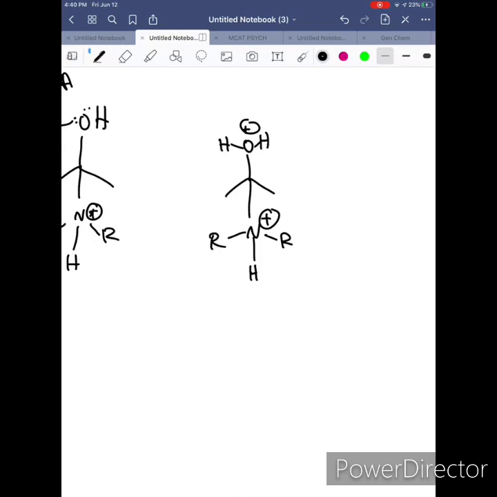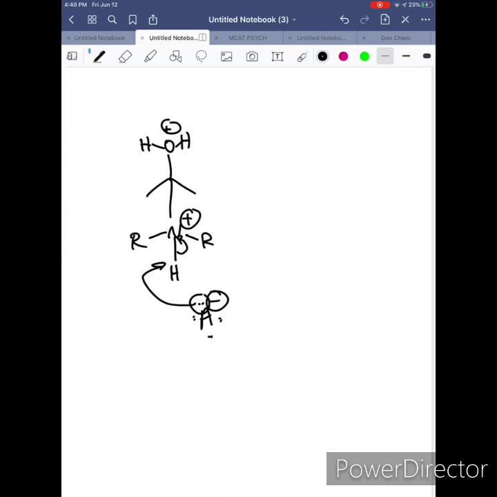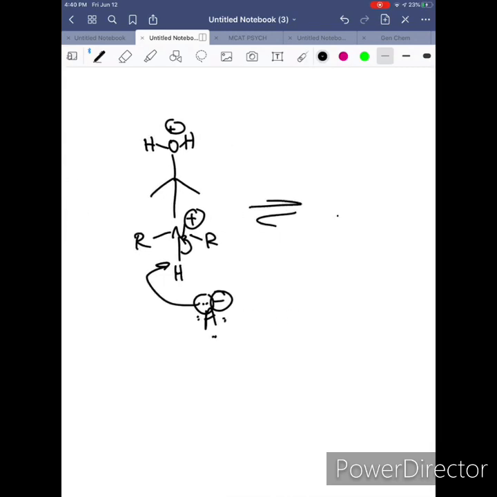So now I'm going to have the A minus from the acid that we had, that was generated. These electrons are going to capture this hydrogen. It will donate its electrons onto nitrogen, and then 2 R groups. And now it's happy again, right?